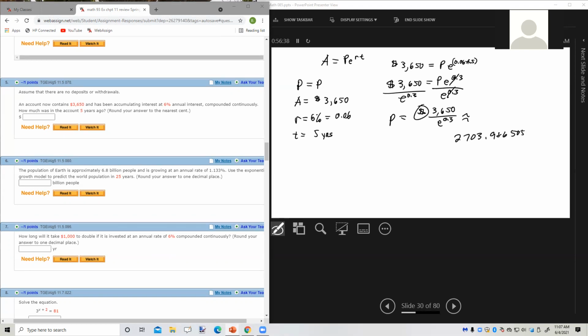Since we're talking money, I'm going to round to the nearest cent. The 6 would round up, so we're going to have $2,703.99. Oh, it does say to round to the nearest cent, doesn't it? Well, that's good. Okay. So $2,703.99.